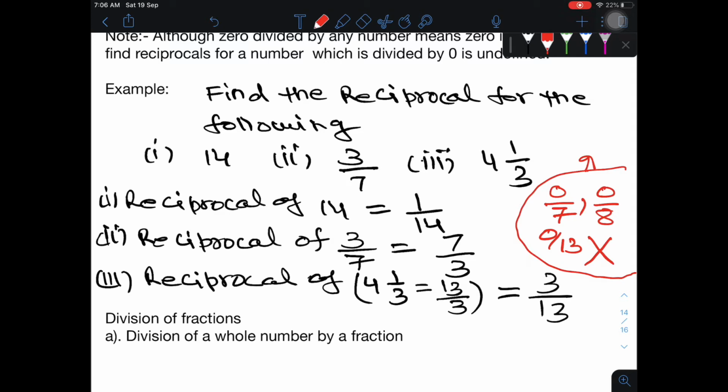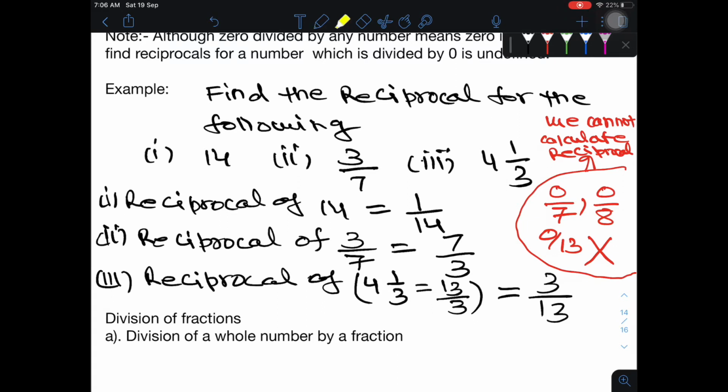You cannot calculate the reciprocal for that, because it will come as a number divided by 0 which is undefined. Okay. So I will write here, we cannot calculate reciprocal.